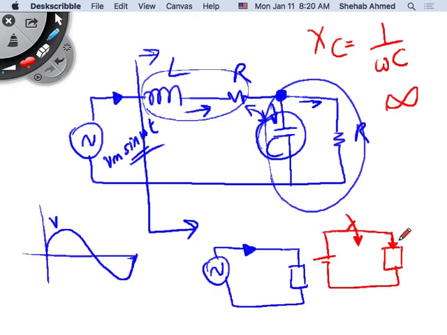Exactly. So the voltage across this capacitor, if you have a capacitor here, for example, the voltage across the capacitor will rise exponentially, right? Why is it doing that? Because you're taking current from the source and dumping into the capacitor. So the capacitor is charging. But capacitor current changes instantaneously, right?